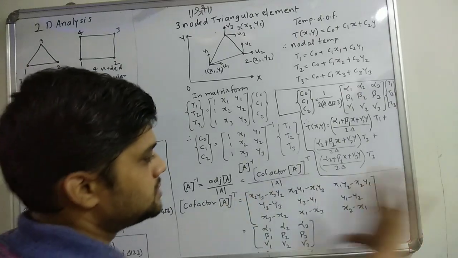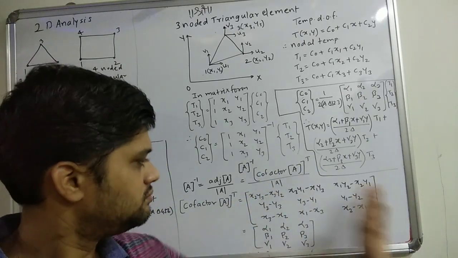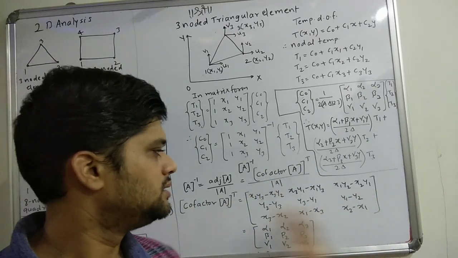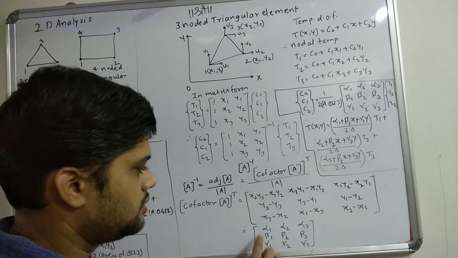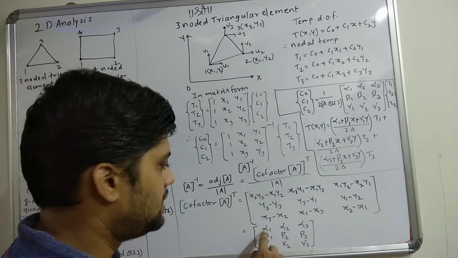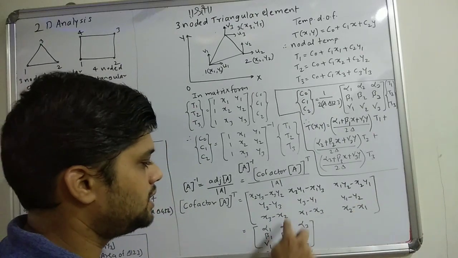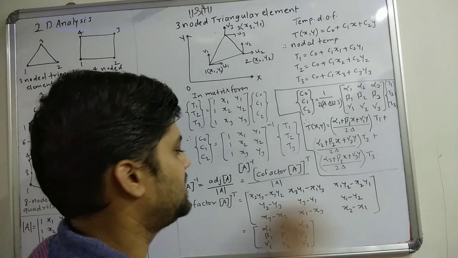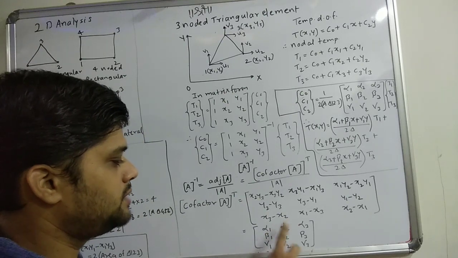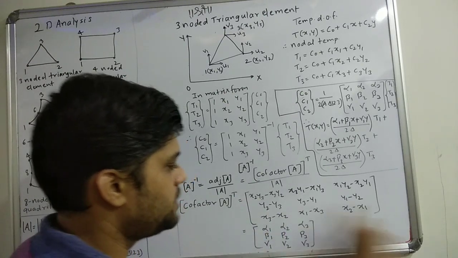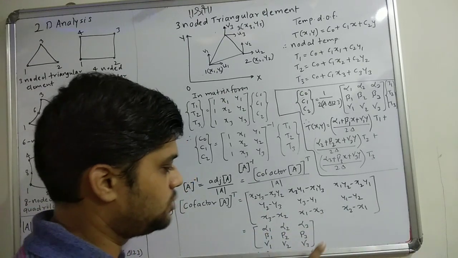Since all these are very big expressions, we will call the first row elements alpha 1, alpha 2, alpha 3. The second row elements we will call beta 1, beta 2, beta 3, and the third row elements gamma 1, gamma 2, gamma 3.